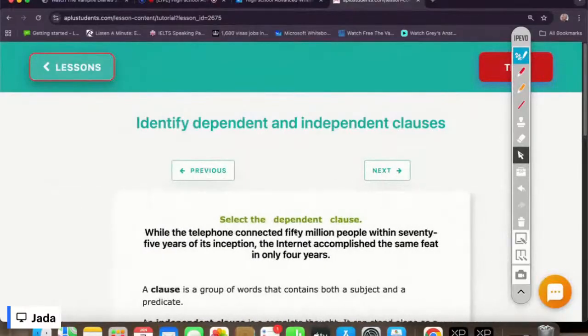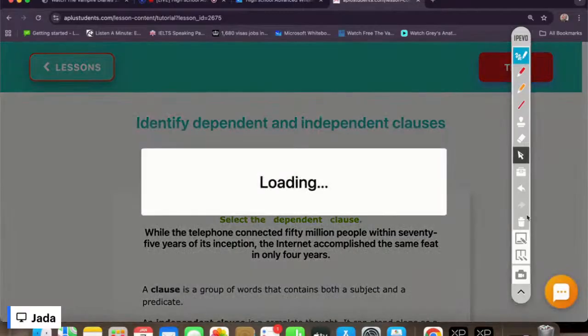Next: "While the telephone connected 50 million people within 75 years of inception, the internet accomplished the same feat in only 4 years." The dependent clause begins with the subordinating conjunction "while."